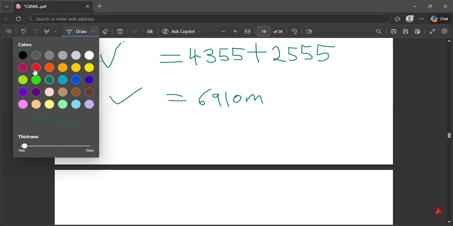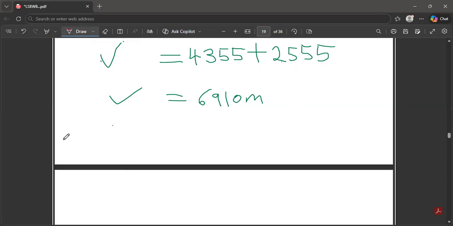Look how I'm going to conclude the answer. End chainage is equal to 6 kilometers.